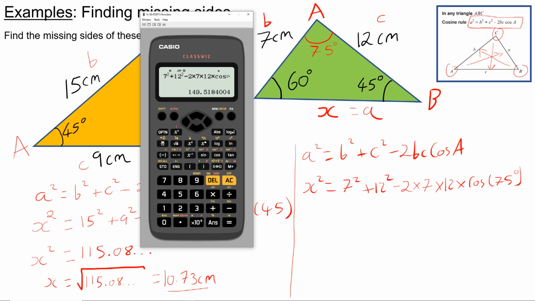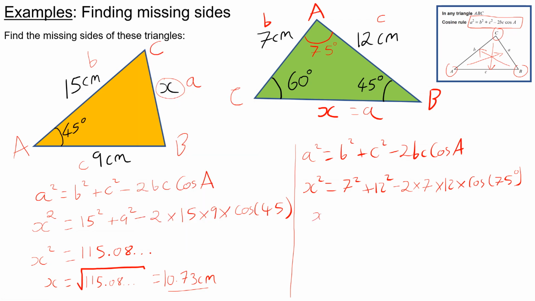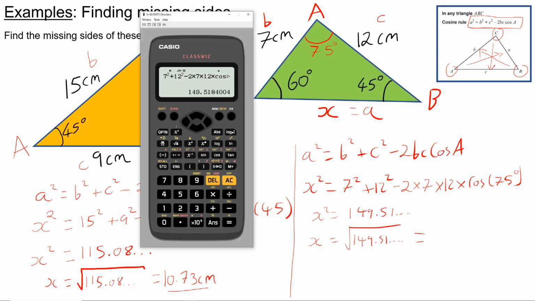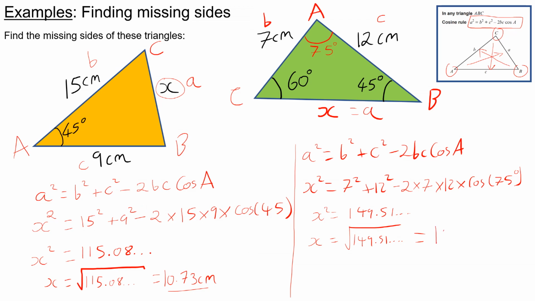So I get 149.52. And to get x on its own, I can square root both sides. And I'm going to use my calculator memory. So I press square root and I get 12.23 centimeters to 2 decimal places.